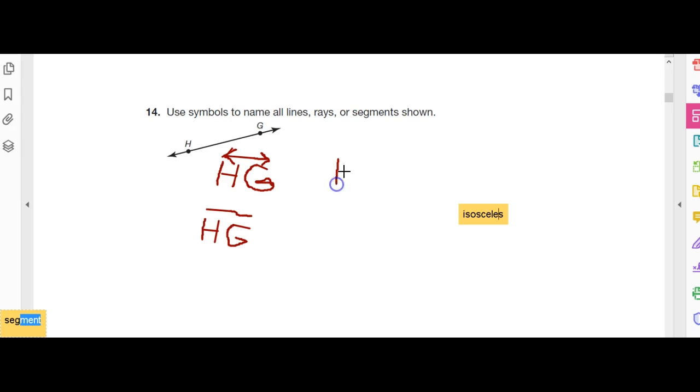So a ray that starts at H and goes through G. So it gets the bar over it and an arrow only over the G part. And then I've got a ray that starts here at H and goes through G. And then I've got a ray that starts at G and goes through H. So I've got ray GH.